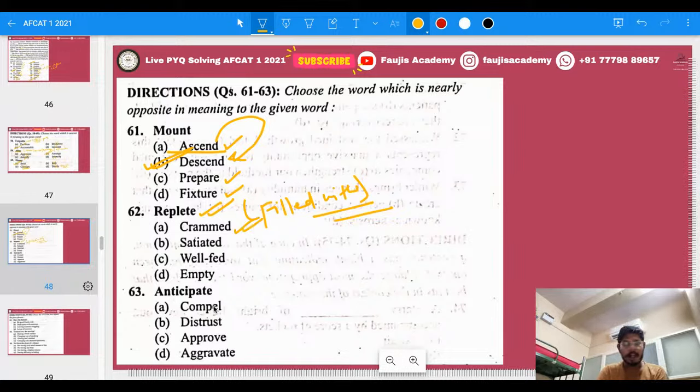That means you are having enough of it. He had a replete amount of apples in his hand with him. Crammed means jammed. Satiated means completely full. Well fed also means the same. Yes, absolutely, that's correct. 62 answer will be D.